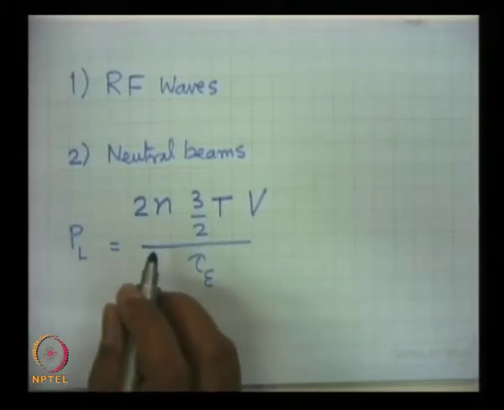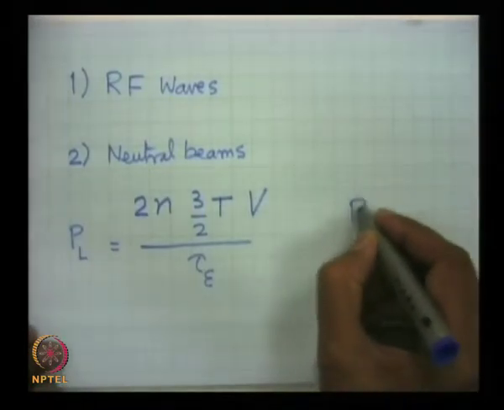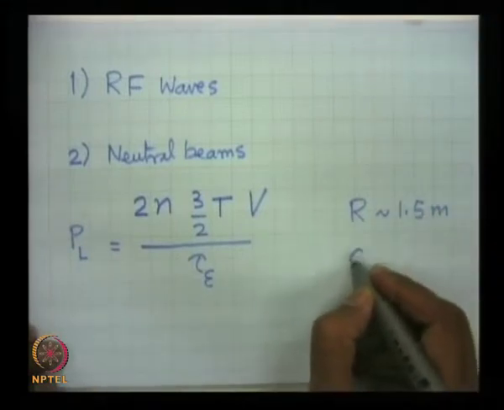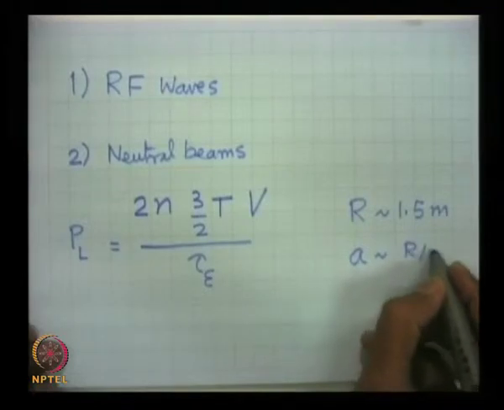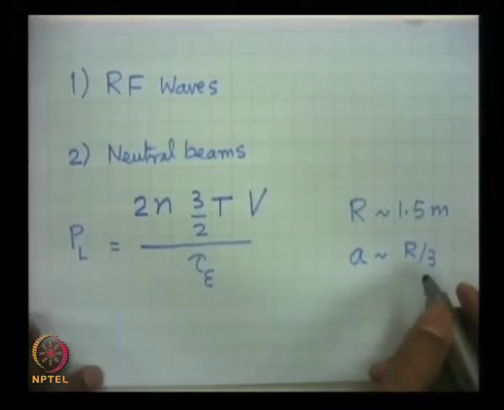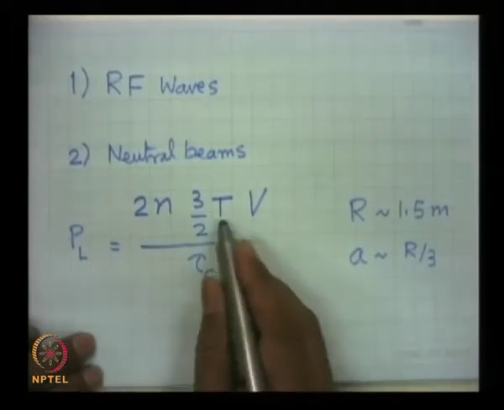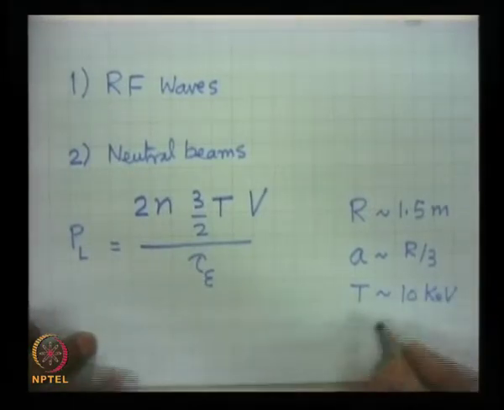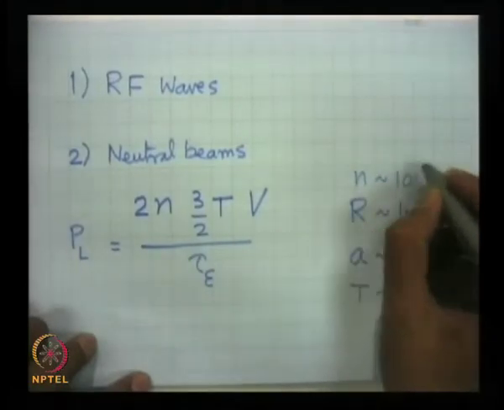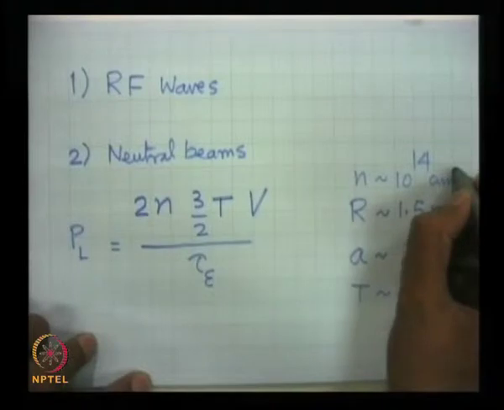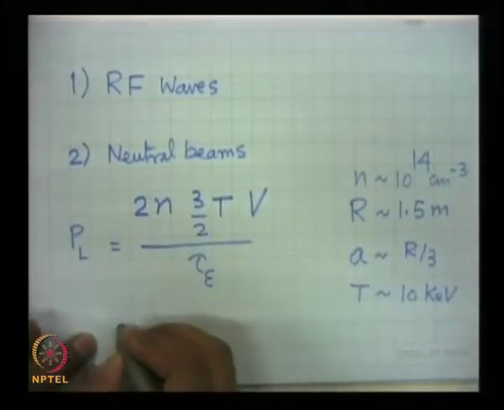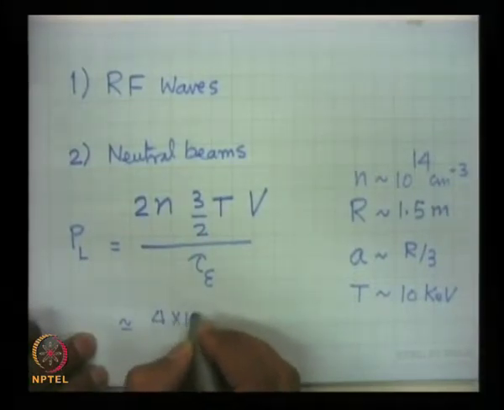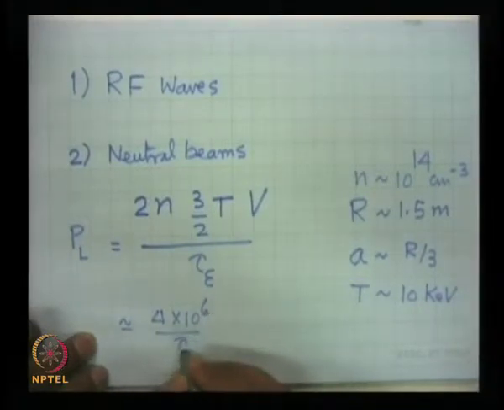If I put typical parameters like R of the order of 1.5 meter major radius, minor radius of the tokamak around R by 3, like aspect ratio is 1/3, then this quantity turns out to be, if I put the numbers, and temperature T equal to 10 keV, density around 10 to the power 14 per centimeter cube, then this number turns out to be around 4 into 10 to the 6 upon tau e.